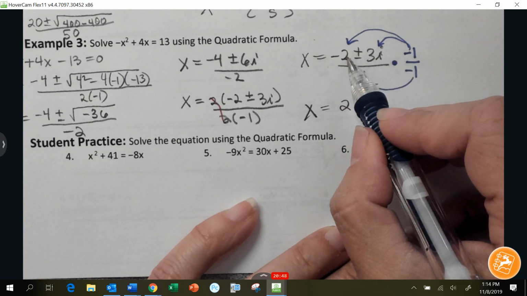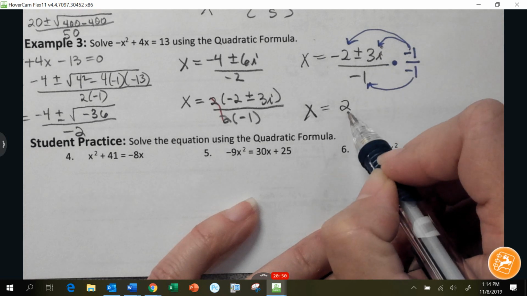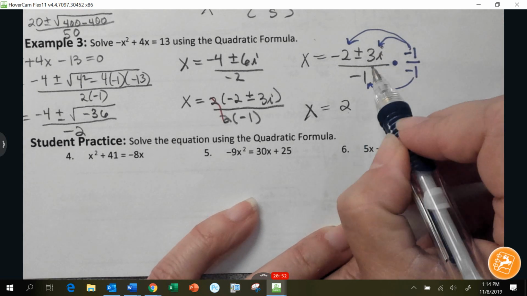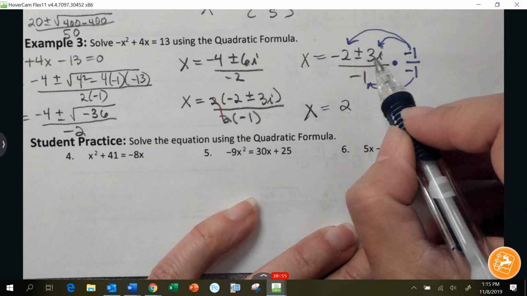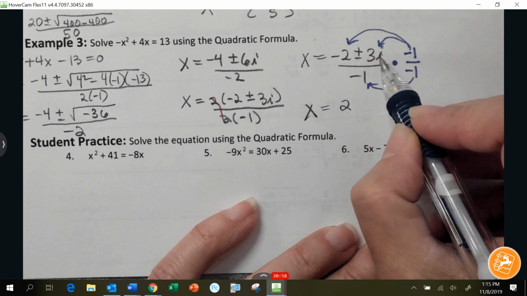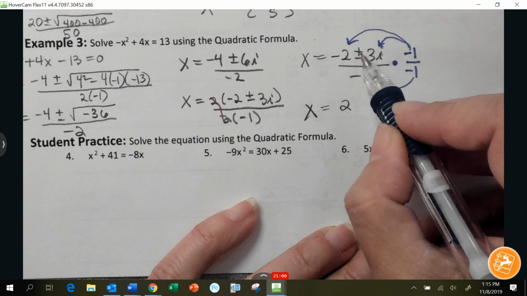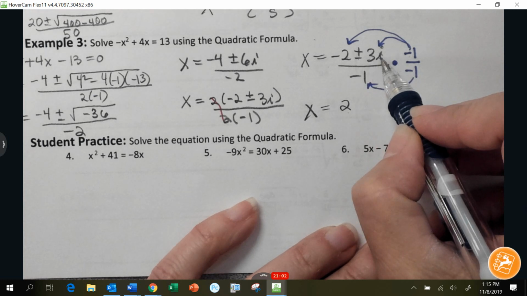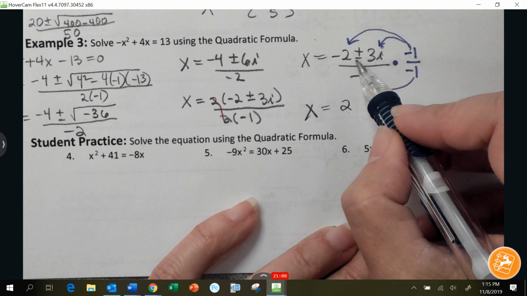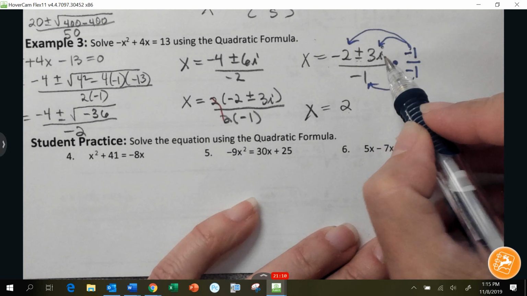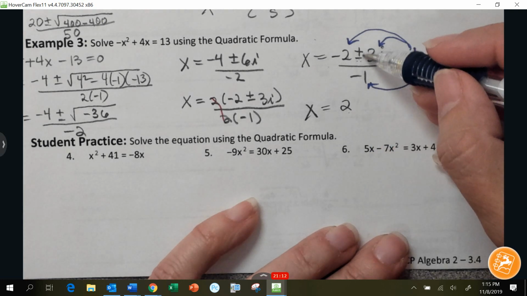So when I do negative 2 times negative 1, I get positive 2. I also have to distribute to the plus and minus 3i. So if I distribute to the positive 3i, I get negative 3i. If I distribute to the negative 3i, I get positive 3i. So these signs switch.